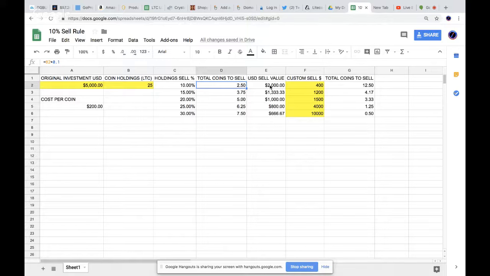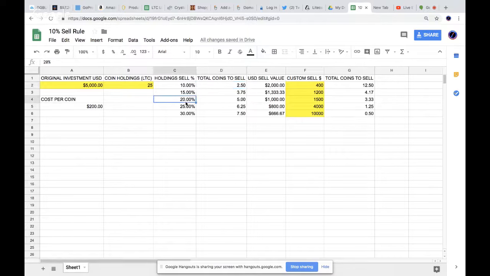And for you to sell off 10% of your coins and make back your original investment of $5,000, you need to wait until Litecoin's at $2,000. So this will be the dollar value of each Litecoin, 2,000. And this is the number of Litecoin you'll be selling.